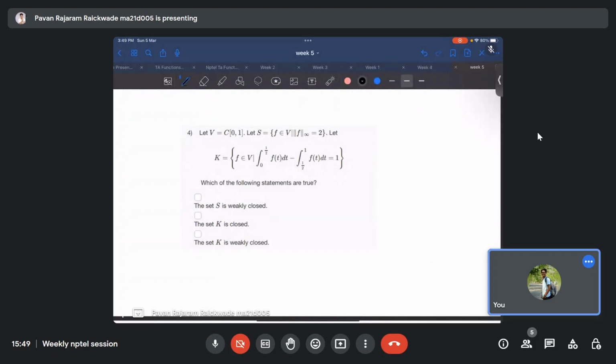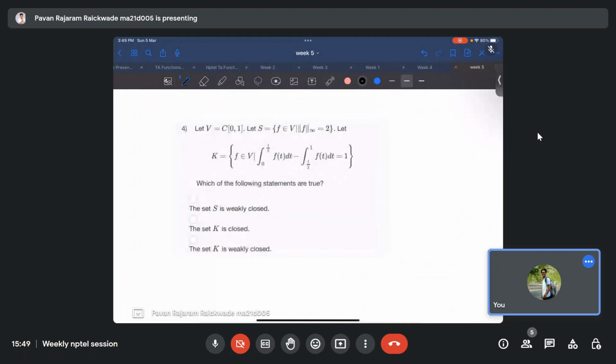Okay, we'll go for question number 4. Let V be C[0,1]. S is the unit sphere in V, and this is how K is defined.